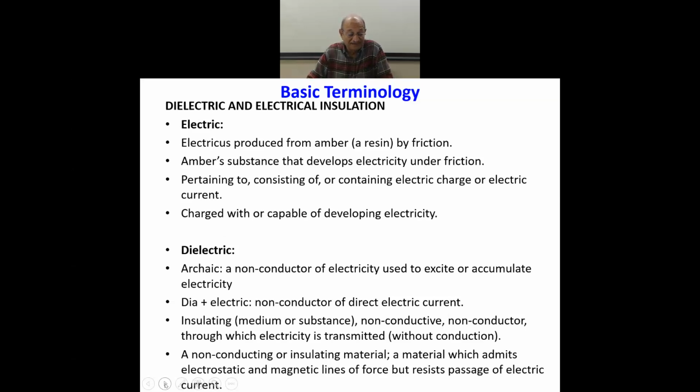Electric, that is, a substance that develops electricity under friction. Pertaining to or consisting of or containing electric charge or electric current. That is electric.